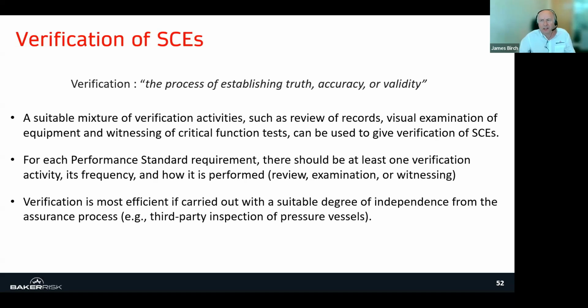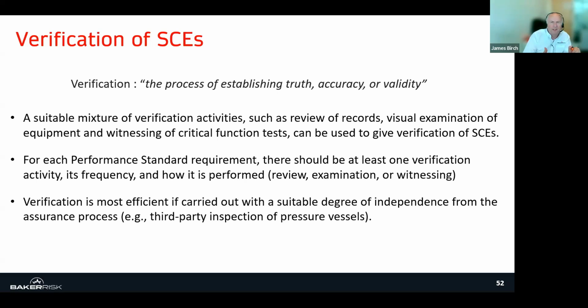Verification is when we're wanting absolute proof that these things are being achieved. And within each performance standard, we specify the FARSI requirements. We specify what assurance activities we're going to do to check, to inspect on a monthly frequency or a quarterly frequency. But with verification, we talk about absolute proof.